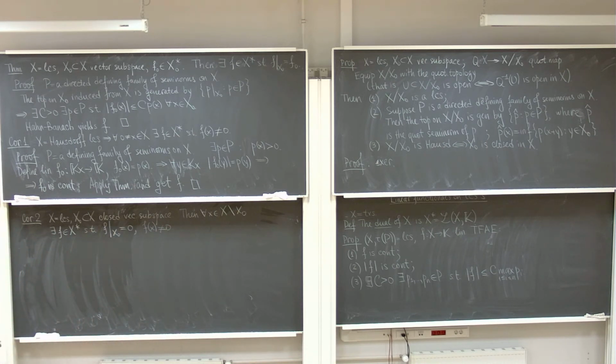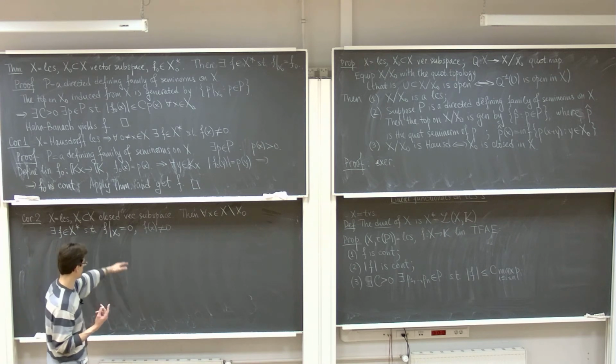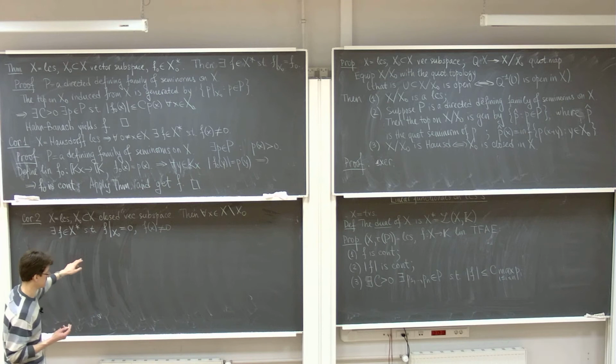So in some sense, this corollary states that we can separate a closed subspace from any vector which is not in this subspace by means of a continuous linear functional.